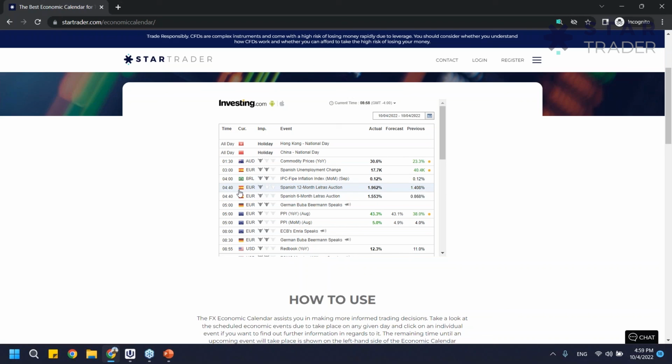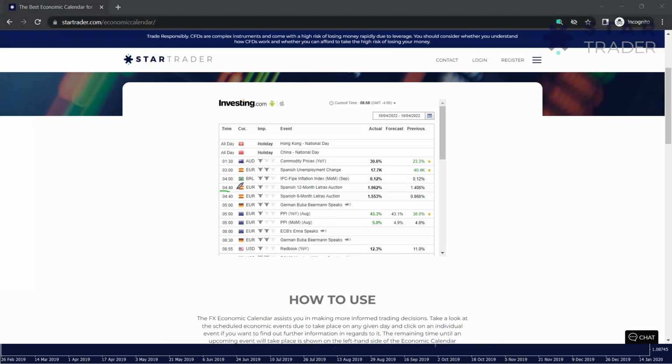So we have this news about Spain here, in Europe, and the impact is low, just 1 point. While for this other news, the flag is European, the impact is medium, 2 points. For today, we don't have major news that will strongly affect the market.